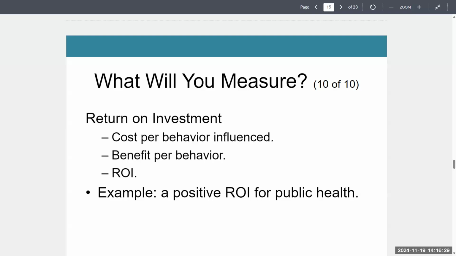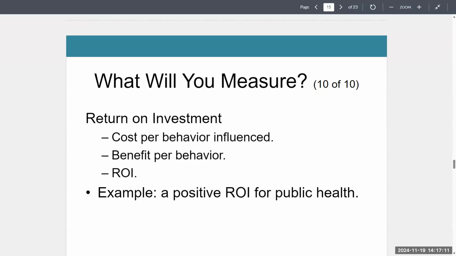You could also measure the benefit per behavior. This flips the equation to focus on the benefit generated by each behavioral change. For instance, if a household that starts recycling reduces waste management costs by $10 annually, and 10,000 households adopt that behavior, you've now reduced the cost by $100,000. Dividing this by the number of households gives you the benefit per household, which would be $10, okay?